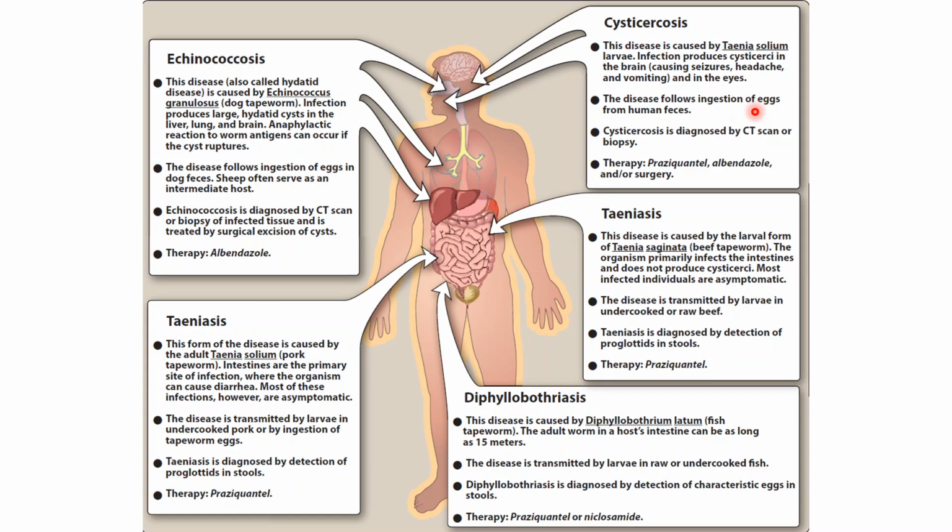So cysticercosis produces cysticerci in the brain, and that leads to seizures, headache, and vomiting, and also can produce them in the eyes. So this disease is acquired by ingestion of eggs from human feces and is diagnosed by biopsy or computed tomography scan. Praziquantel and albendazole with surgery are indicated for the treatment.